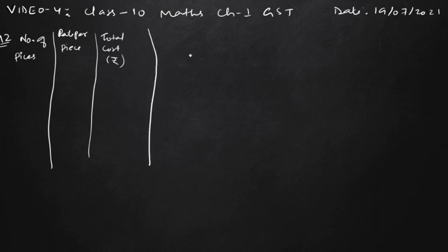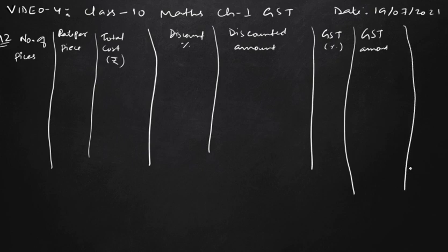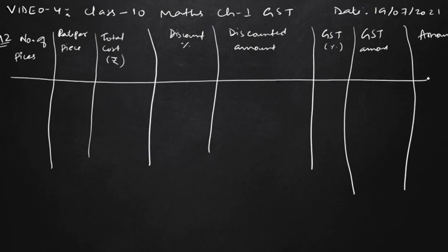Then we have discount percent. After finding this, we can find the discounted amount. Then we have GST in percentage. Then we can calculate the GST amount, and finally we can calculate the bill amount.